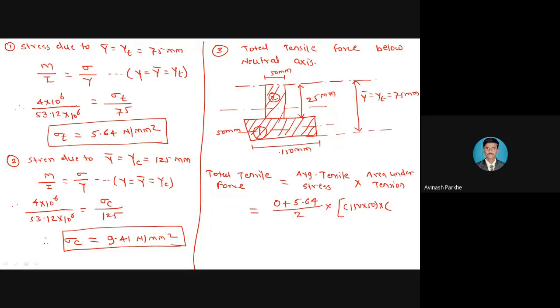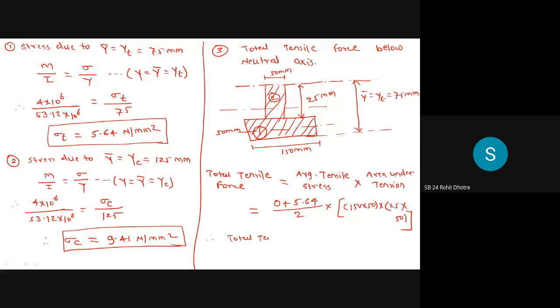Then what are the dimensions of section 1? 150 into 50. What are the dimensions of section 2? 50 into 25. If I do this calculation, I will get the total tensile force. Please tell me the total tensile force value. See how the cross-section area comes out. 26.43 into 10 raised to 6.